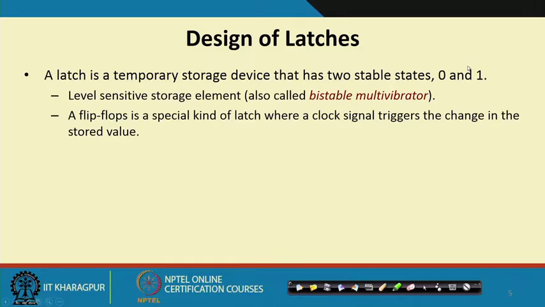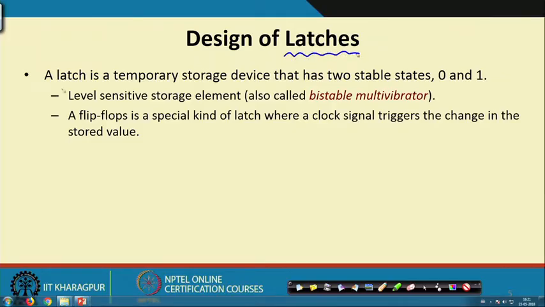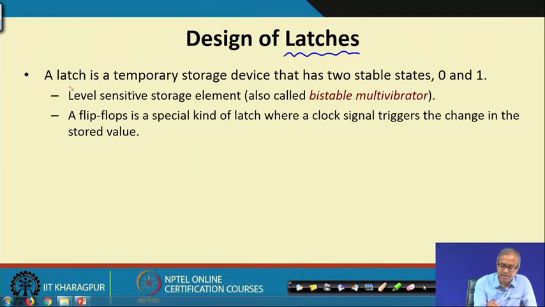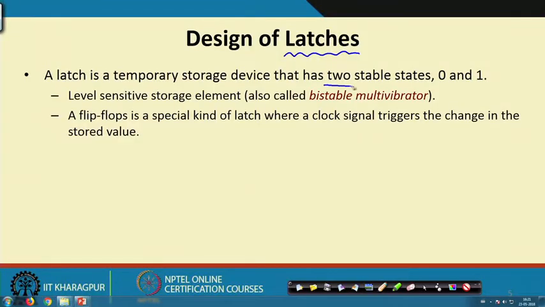Now, let us come to what we are actually trying to discuss here: how to design the storage elements. We first talk about the design of storage elements called latches. A latch is nothing but a storage element or a storage device that can store a single bit of information. Okay. It can store either a 0 or a 1, which means it has two stable states.